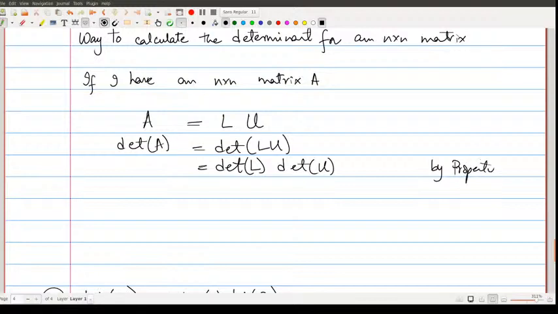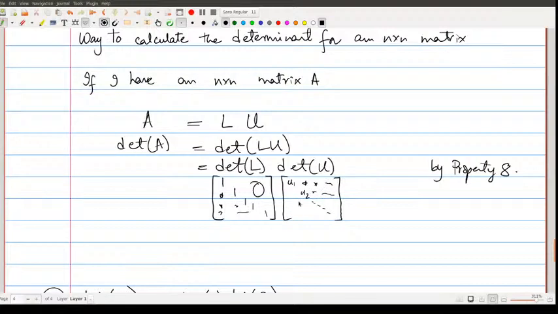Okay, now notice that when we do LU factorization, the way we've learned it is that in the L matrix, all of the diagonal entries are 1, this is 0, and then these are some non-zero entries. And for U, the entries are some U1, U2, and there are some non-zero entries here, and then there is a 0 here, right?